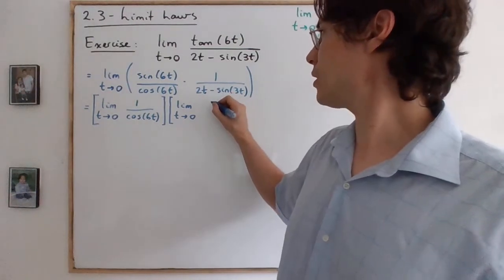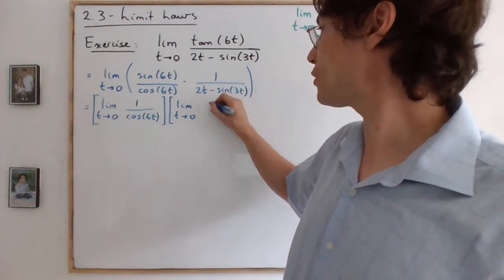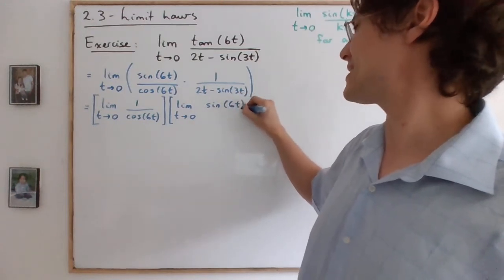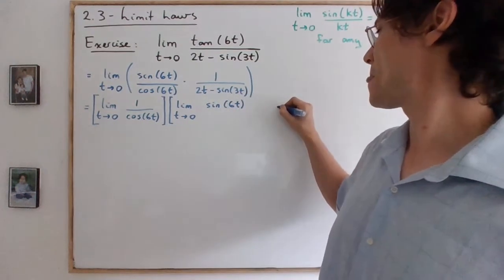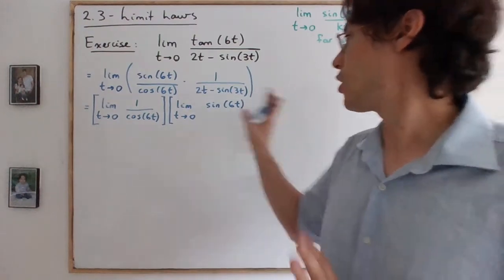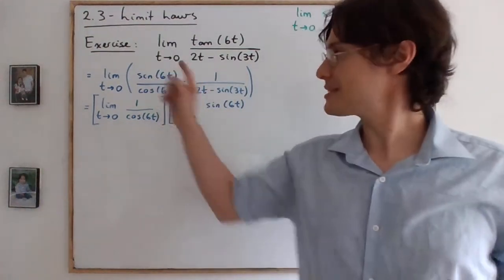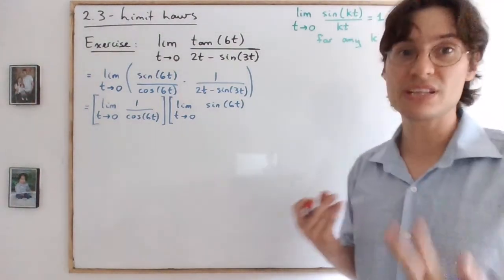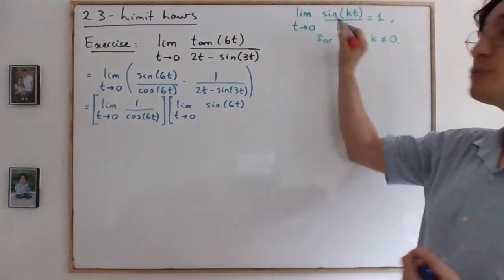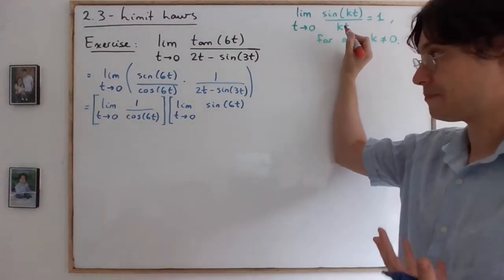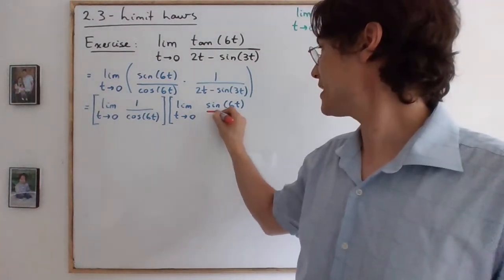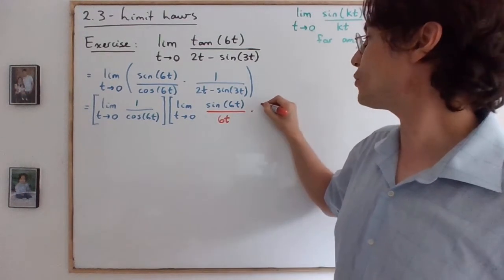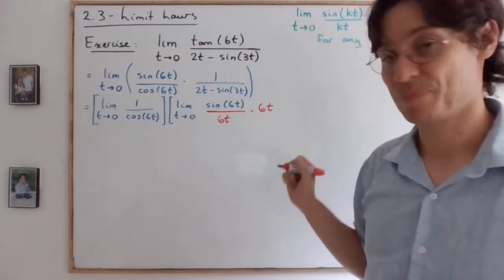Now, one thing that we will do is we will work out the sine of 6t. Okay, I will stop writing over here. So let's have a look at this sine of 6t. This sine of 6t is unfortunately approaching 0. So what you have to do is to use this result somehow, okay? So what you're going to do is you're going to divide by 6t, but it forces you to also multiply by 6t, okay?